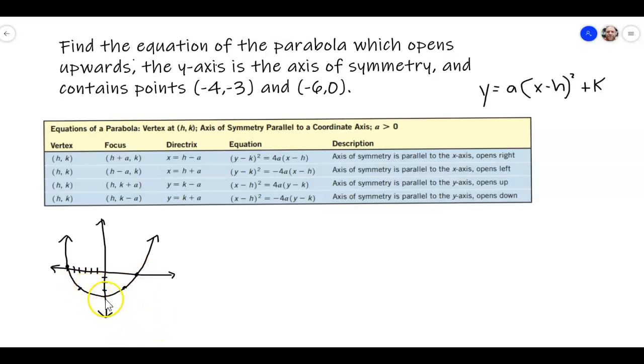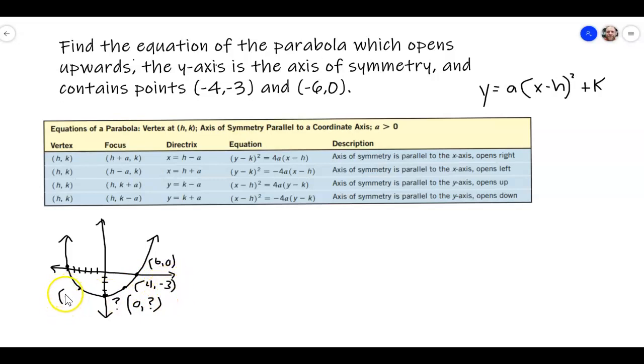And we don't know the y value of our vertex here. We don't know this, but we do know the x value, since this is the axis of symmetry. So this is going to be 0, some value there for y, but we don't know that vertex yet. This is (6, 0), and this is going to be (4, -3).